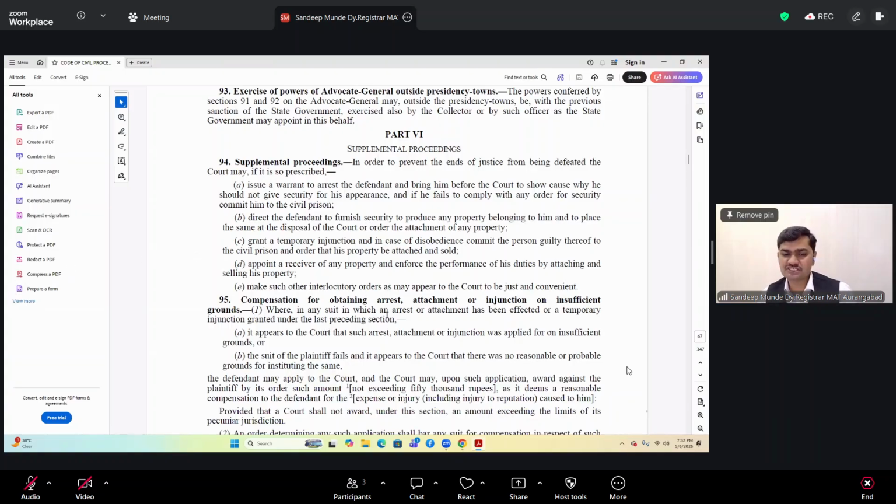Section 95. Compensation for obtaining arrest, attachment, or injunction on insufficient grounds.